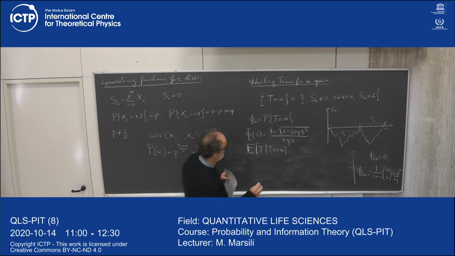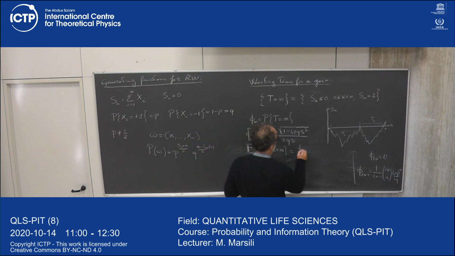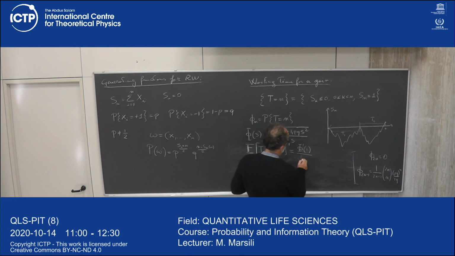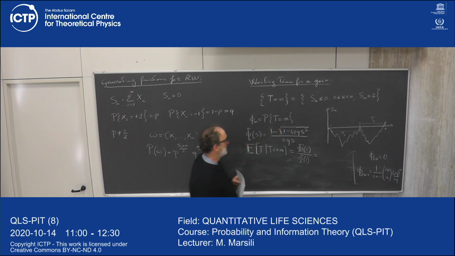The way to compute this is just to take the first derivative computed at 1, but then you have to condition on the fact that the waiting time will be finite, and this is given by just phi of 1.